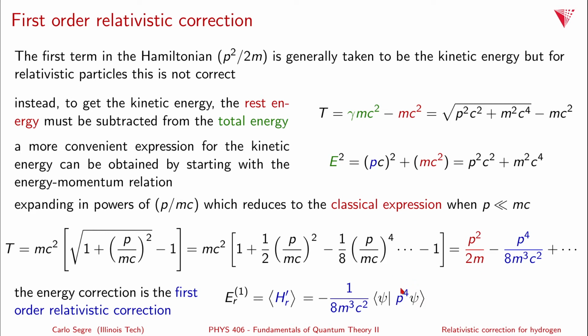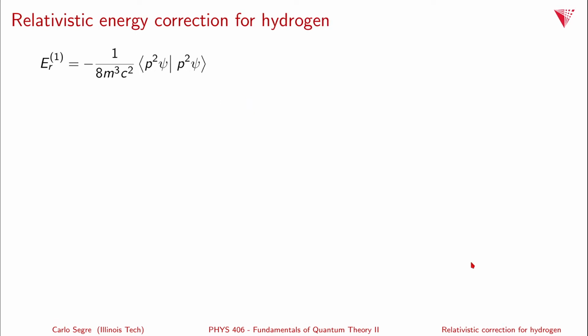And of course, this is an operator, but since p squared is a Hermitian operator, we can move it over to this side and we can remake this as the expectation value of p squared psi, which are two identical functions. So we start with this being the first order energy correction, which is the expectation value of this p squared psi, and then some constants in the front.